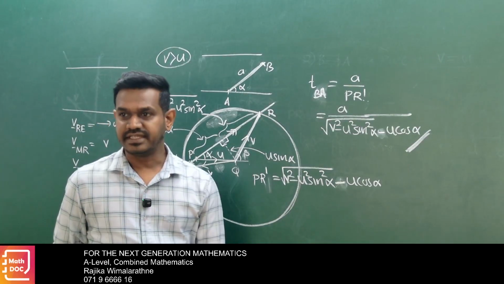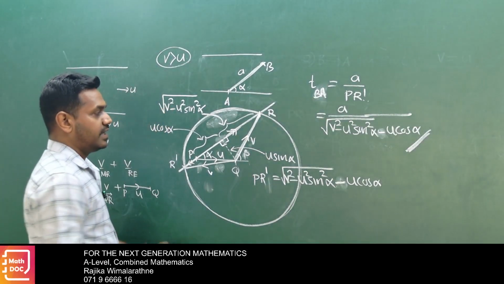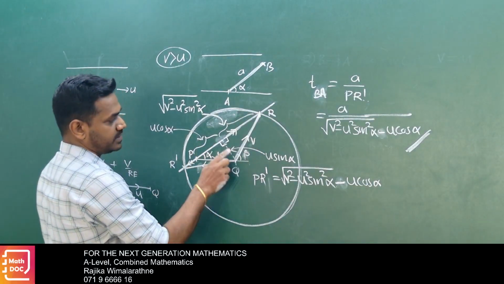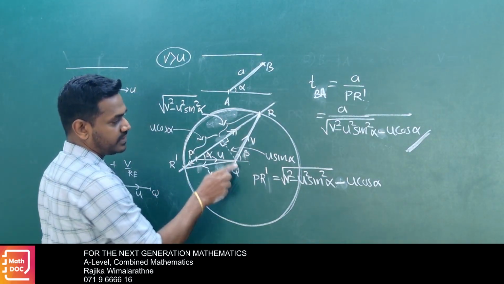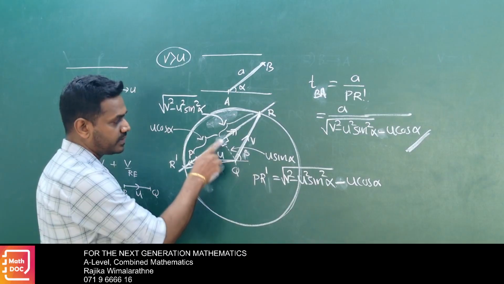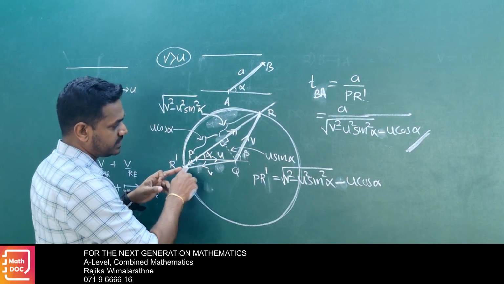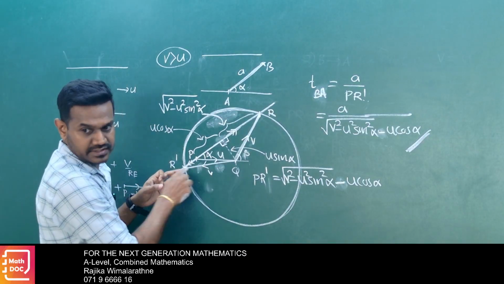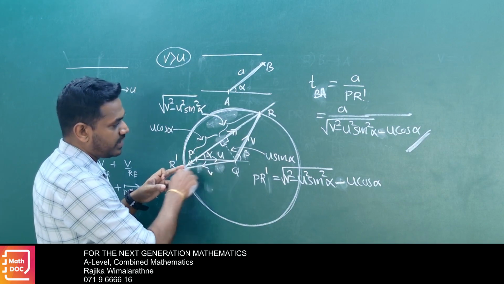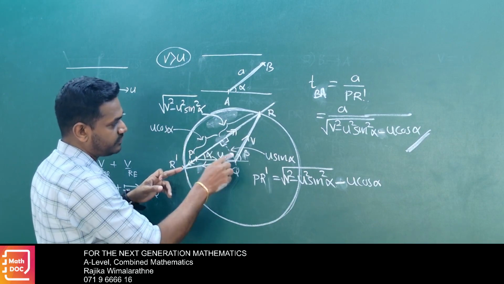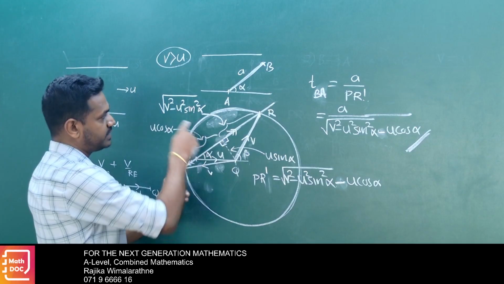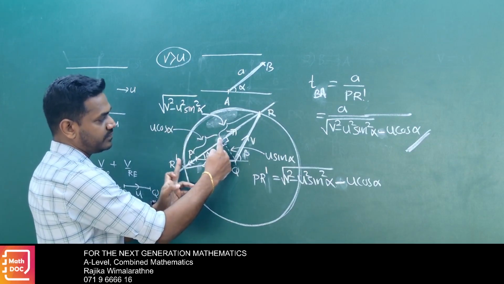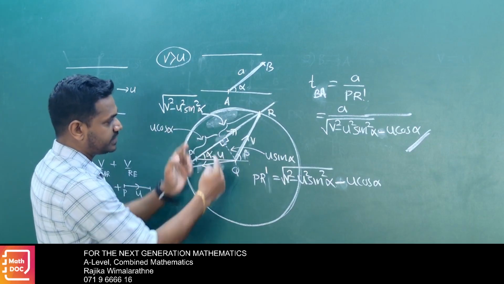Okay, see that calculation again. Here, this one U sin alpha. Here this radius V. Then consider this right angle triangle. Then root of V squared minus U square sin square alpha means this length. Then the same length we can take, no? Then here U cos alpha, here this length.